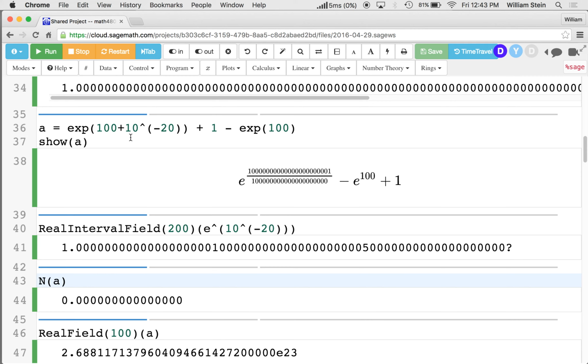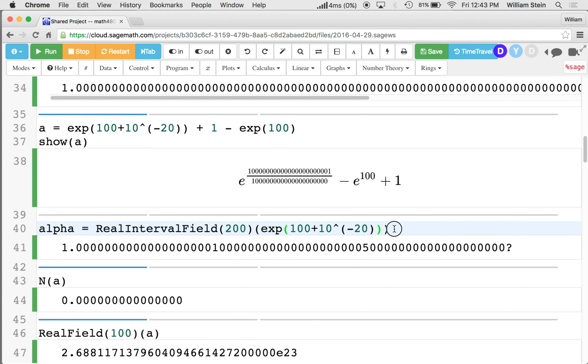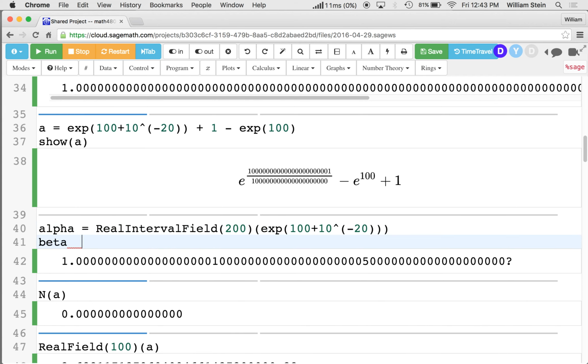So look, we have two numbers here. Alpha is this number. I'll just compute them correctly to 200 bits of precision. And then beta, let's say it's this other, the same number, but without the 10 to the 20 added on.